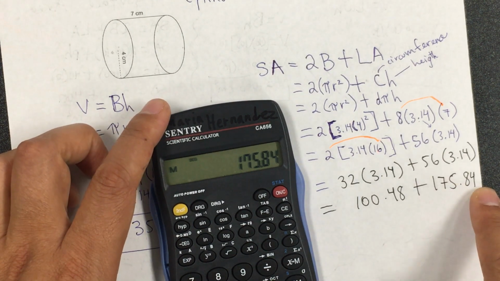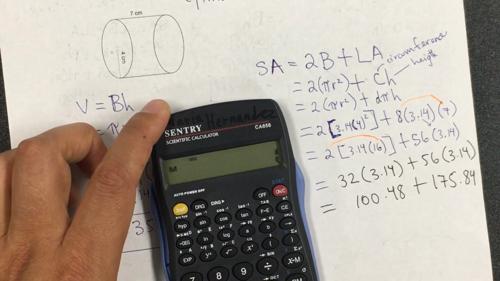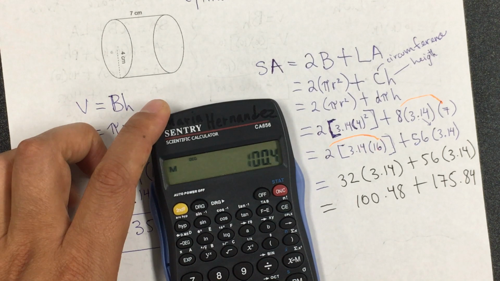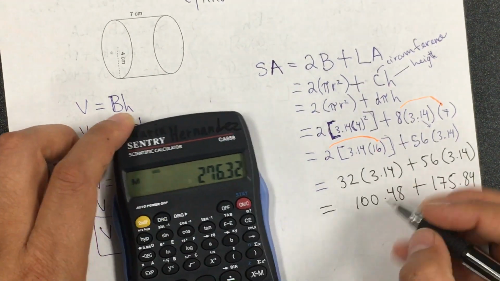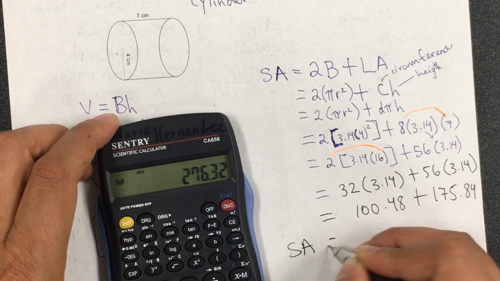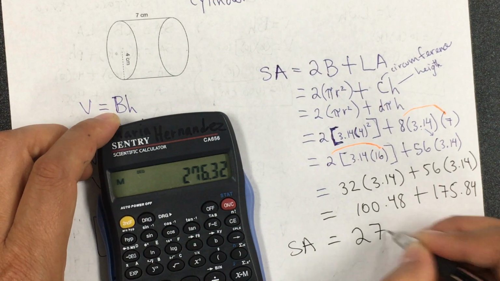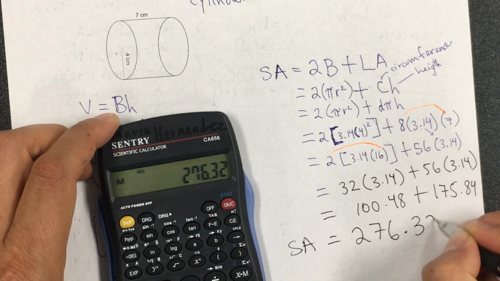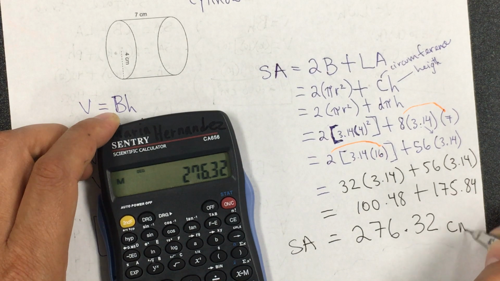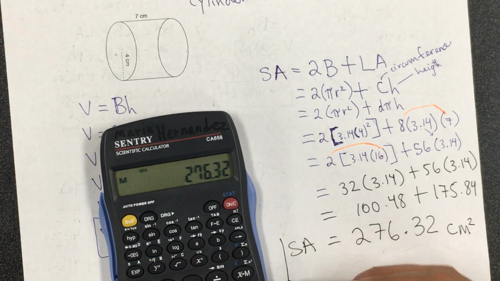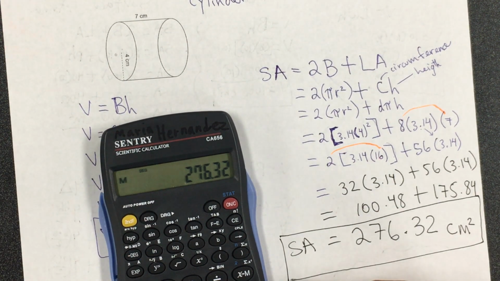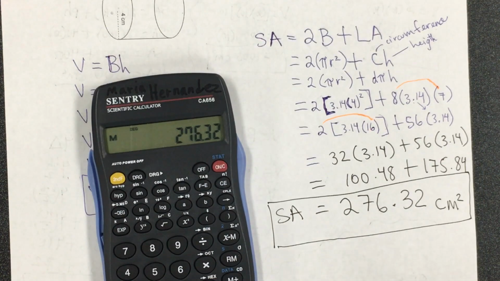So 175.84 plus 100.48. And so the surface area is equal to 276.32 square centimeters. Square because it's area. Any type of area is going to be square.